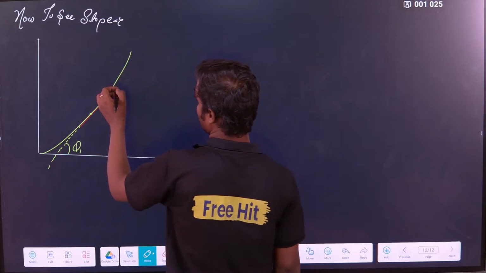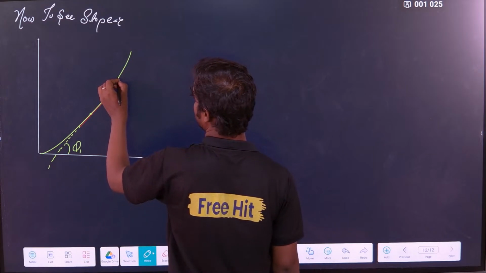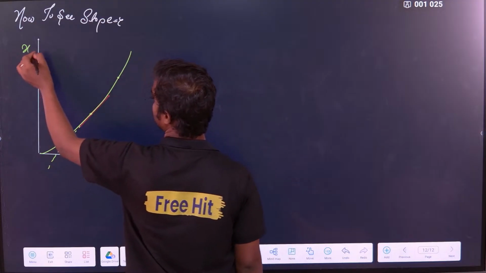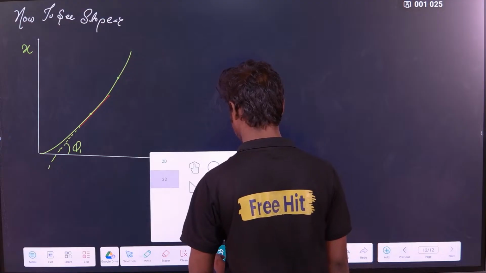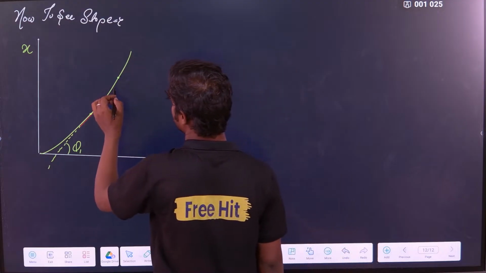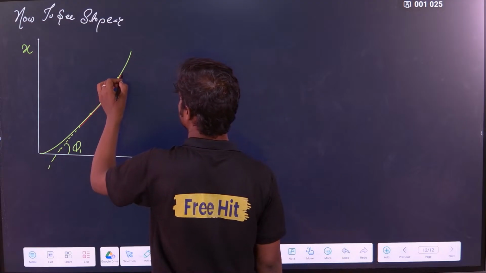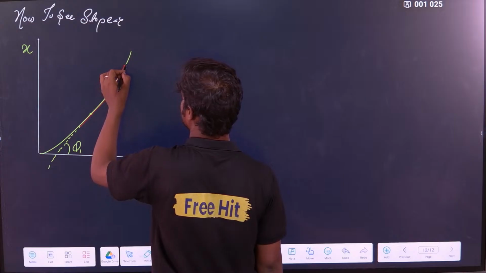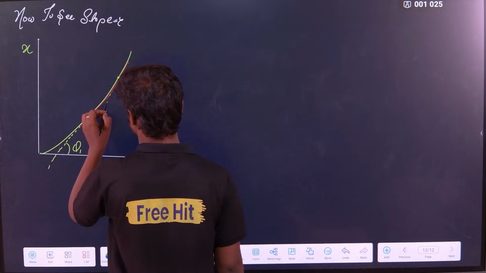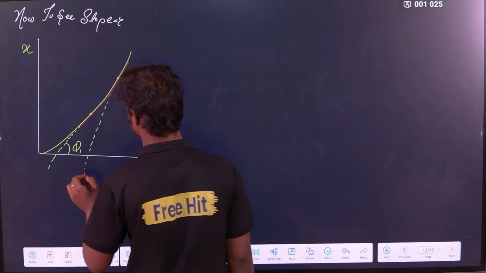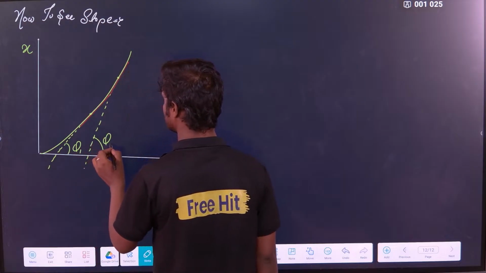Clear? Now let's take another point, this point, and suppose this is an x-t curve. Now at this point you again draw one tangent, and you extend it. Again you are getting some theta 2.